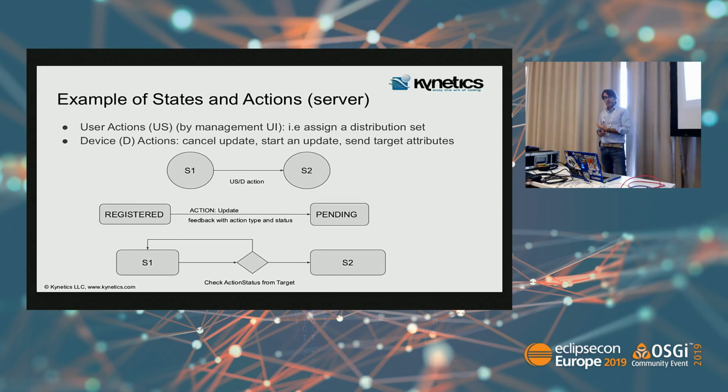And the client will reply to that particular action that has been sent from the server with a feedback and a status. So the server knows all the time where the client is in terms of what it is doing, and the client can give feedback of what is happening locally, so the server can eventually react.